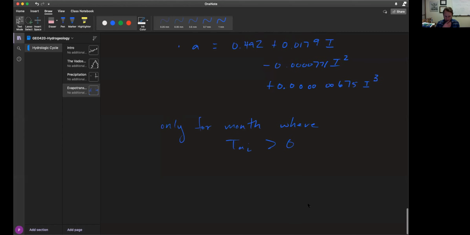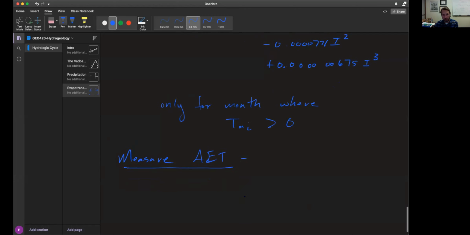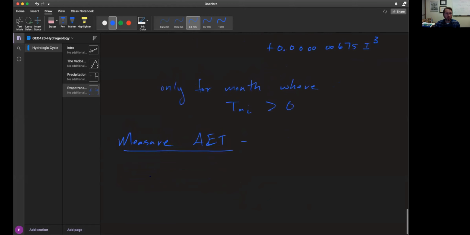Okay, so if we wanted to measure AET, again, it's really hard, but there is one method that we can use.